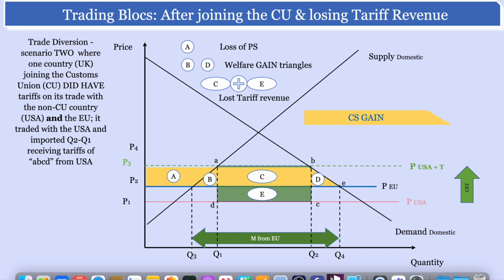But what this is then saying is that if this is a gain, but this is a loss, that box there is a loss, we end up with two gain triangles, B and D, but we've got two loss boxes, C and E. So therefore, what you have to argue is, if those two triangles, B and D, which is the gain that you're getting, are smaller than that loss of E, then there will be an overall welfare loss in the economy.